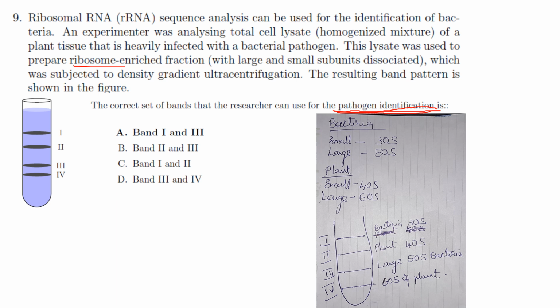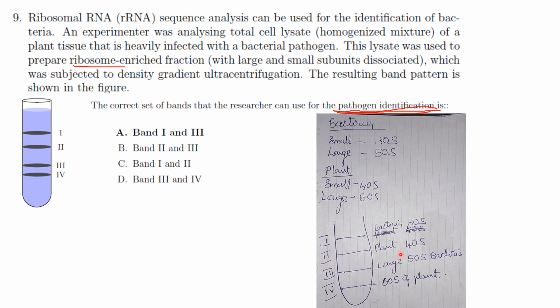Okay, so this is the tube showing density gradient centrifugation. In bacteria, the small subunit is 30S and the large subunit is 50S. In plants, the small subunit is 40S and the large subunit is 60S. So upon density gradient centrifugation, they will separate as follows. The band at the top will be the bacterial 30S ribosome, that is the smallest, least dense.